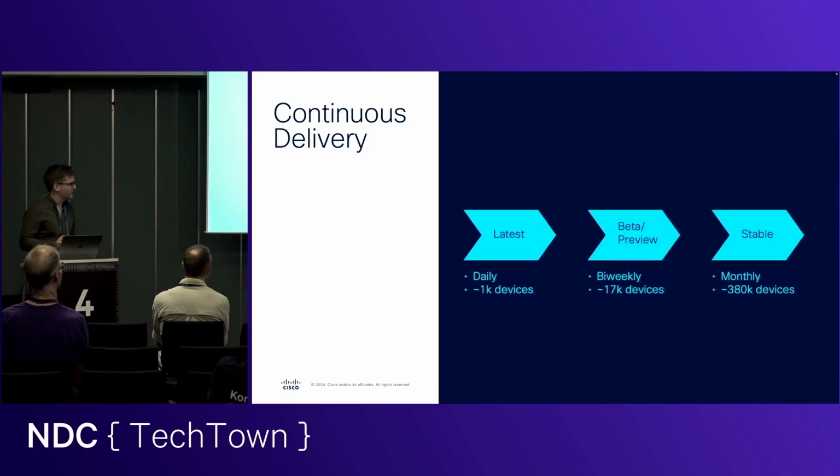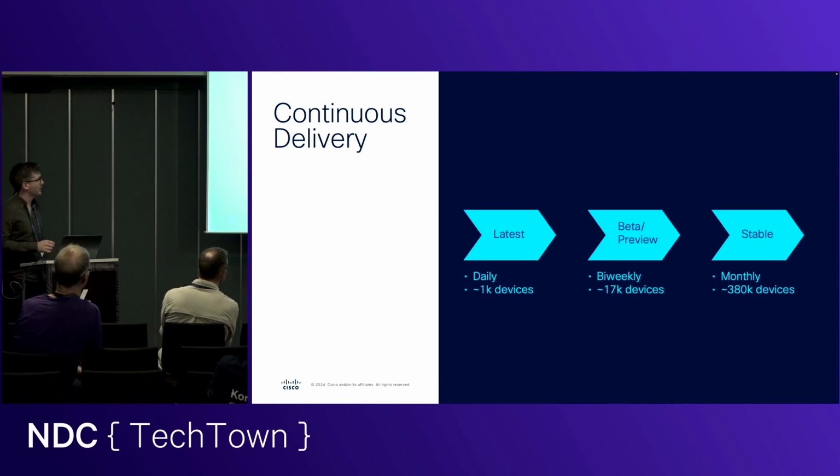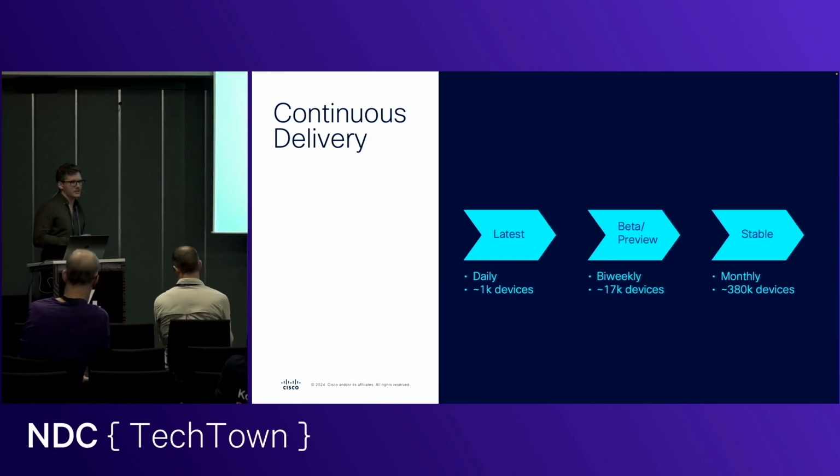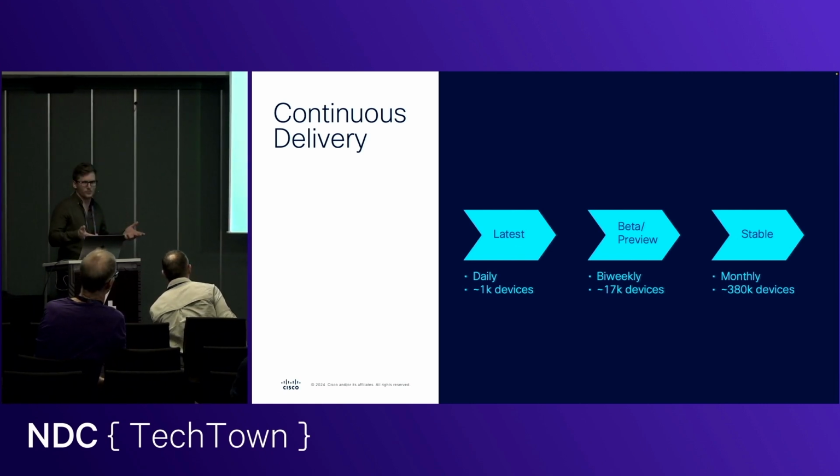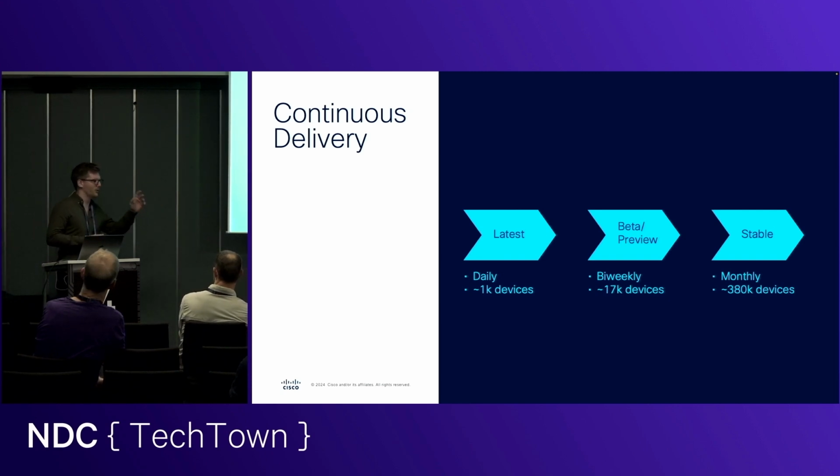Jan showed early in the talk the continuous integration pipeline, where we have this latest channel where we push daily releases for internal use. And the build master is responsible for getting software onto that particular channel.